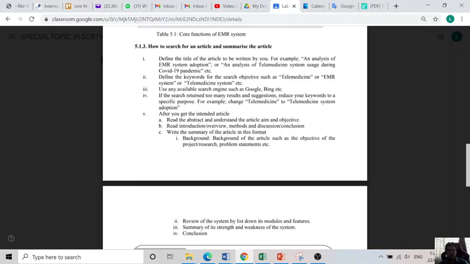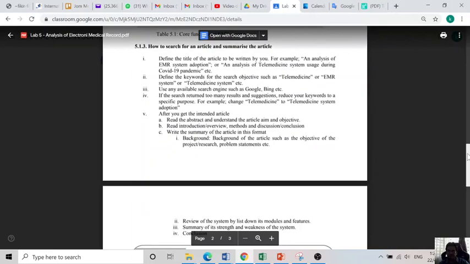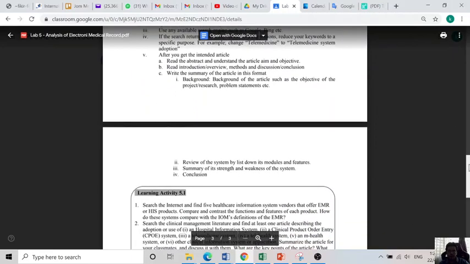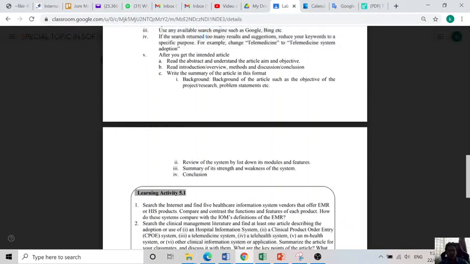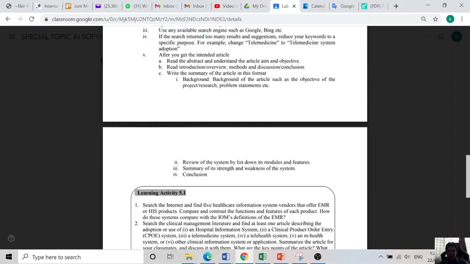So after you read and understand, you need to write the summary of the article based on this format. Write the background of the article or the system. Review the system by listing down its modules and features, a summary of its strengths and weaknesses, and write the conclusion.